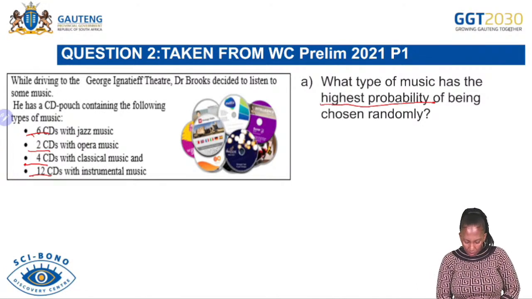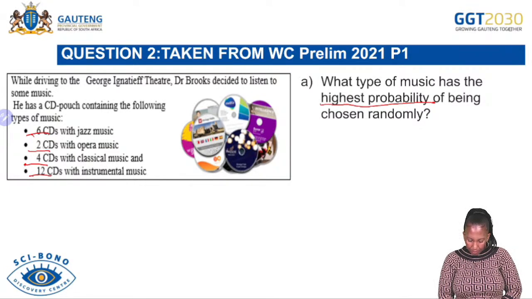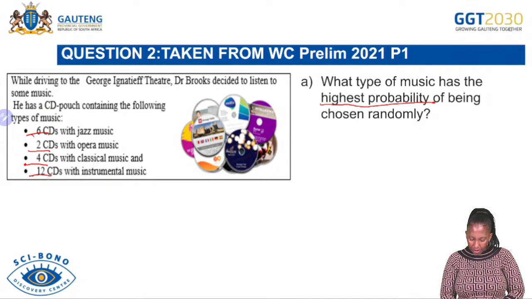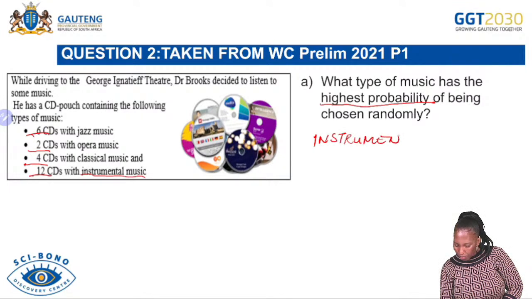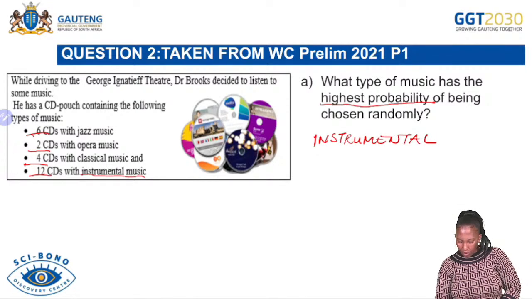So looking at this, we've got 6 jazz, 2 opera, 4 classical, and 12 instrumental. So the highest here will be the instrumental. So our answer is instrumental music.